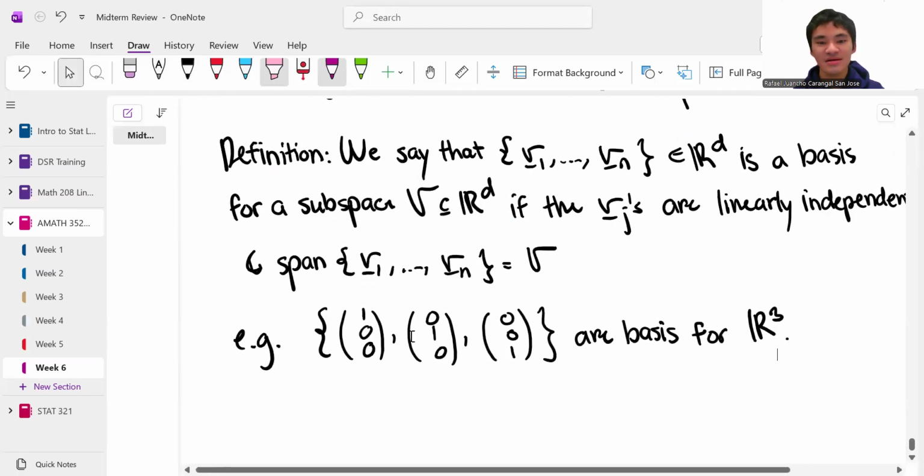Because each of these vectors is linearly independent, right? You can't write one of them as a linear combination of the other two. And their span, the span of the set of these vectors, is just R3. How do I know?